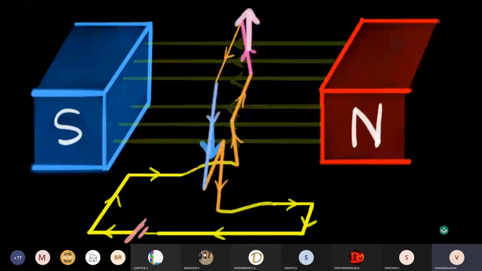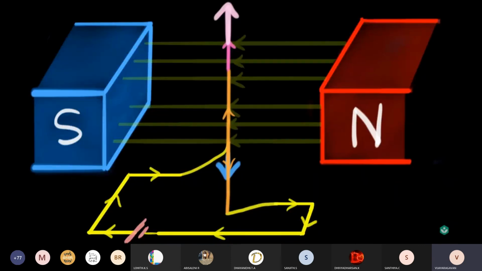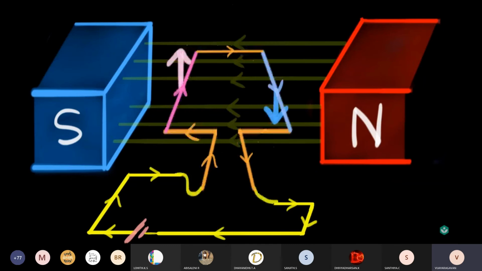Well, it can be done by using a device called a commutator. A commutator consists of split rings, which are basically two half metallic rings with some gap in between, and a couple of carbon brushes. So the wires are attached to these brushes, and these brushes are just in contact with these rings.